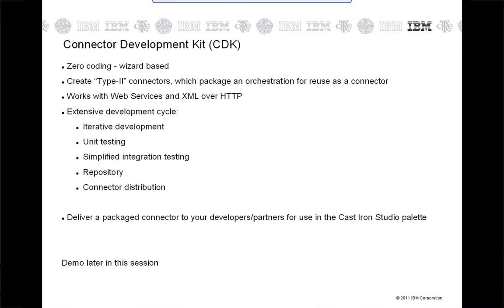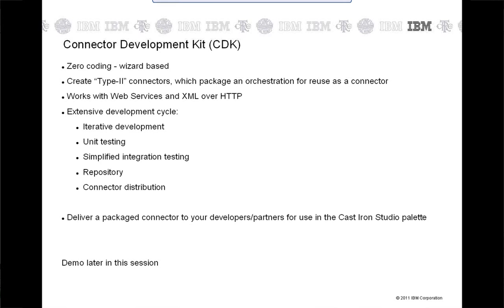Okay. Another important thing which was added in version 6.1 is the connector development kit. The connector development kit is a wizard in CastIron Studio, using which a user or customer can develop a new connector. This connector can be developed for any application which is exposed as an HTTP or web service, and whose data model is XML.